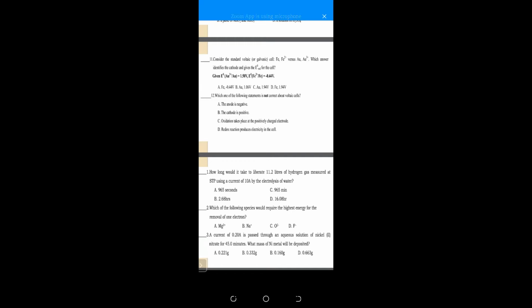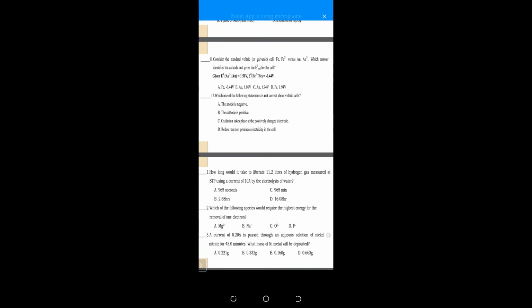Let's discuss before looking at the options. In a voltaic cell, what is the anode? The signs switch. In a voltaic cell the anode is negative and the cathode is the positively charged electrode, but oxidation and reduction are the same.